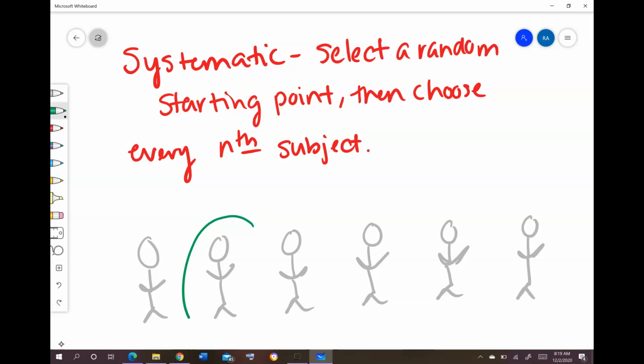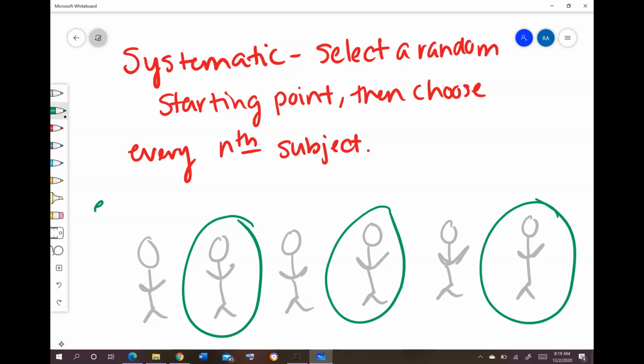So we would survey this guy, then this guy, and then this guy. I'm surveying every second person. That's systematic. Where it says they do every third person, every fifth person, and so on. It's a pretty easy one to pick out when you're looking at scenarios.